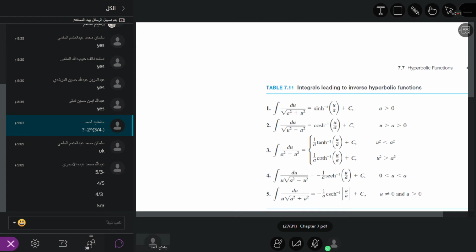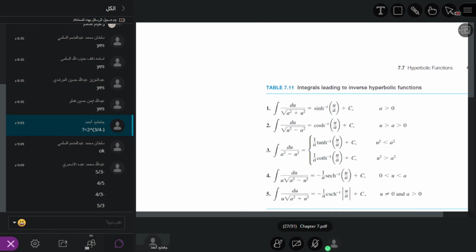The negative value we neglect, we will not consider it. We use the same property, cosine hyperbolic square x minus sine hyperbolic square x equal to 1, and we can find the remaining. Just doing the same steps, we can find the values of sine, sec, cosec and cotan.